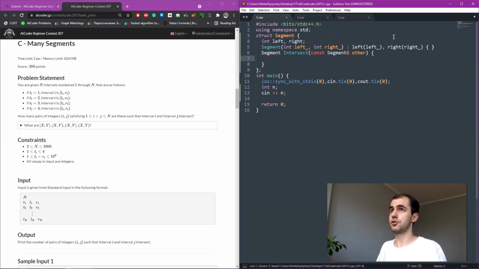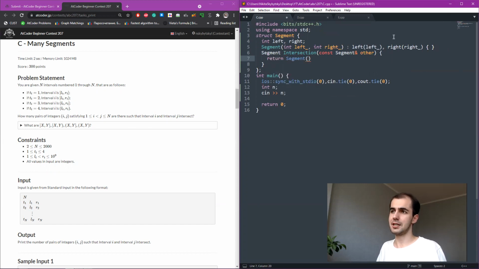I clearly want to intersect segments, right? Intersection, I assume you can call it. And what is the intersection of 2 segments?